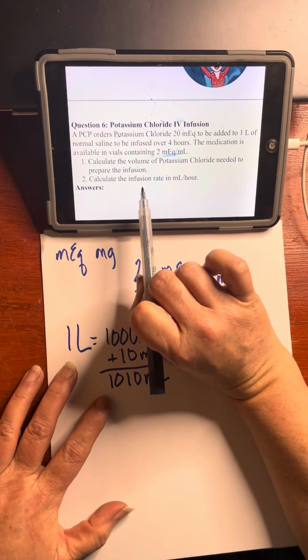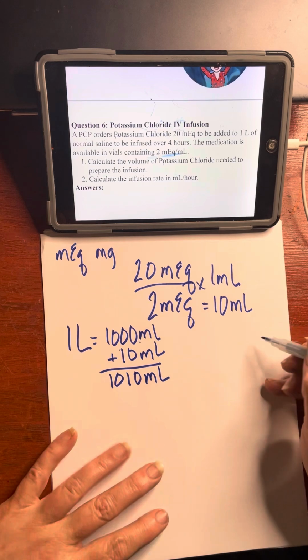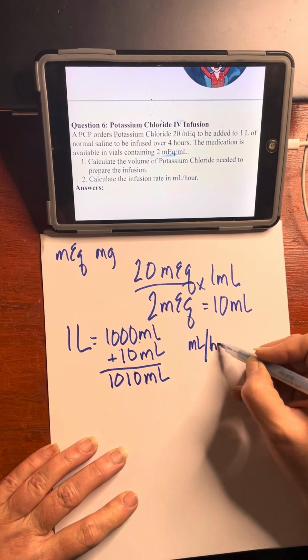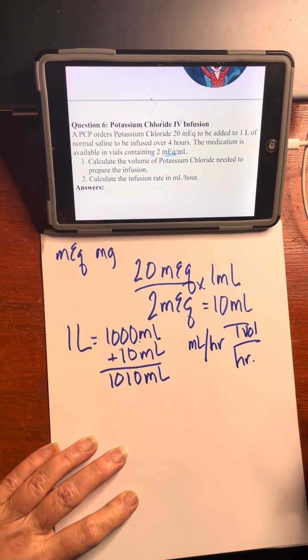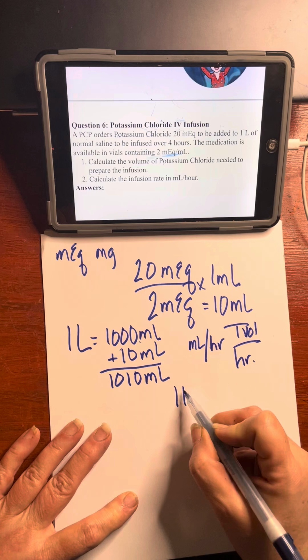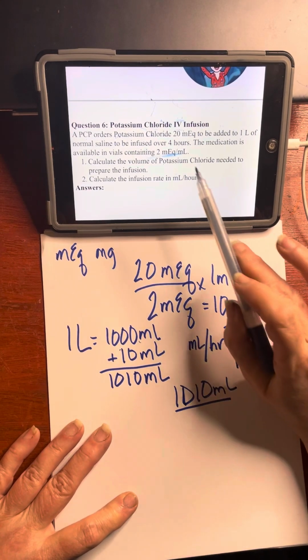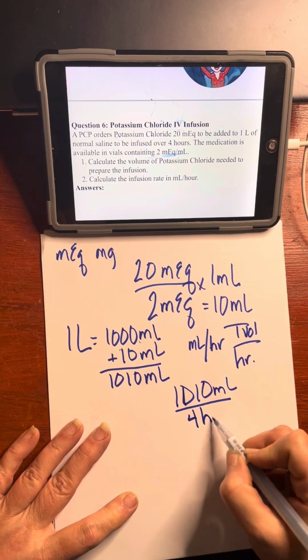We have to calculate the infusion rate in milliliters per hour. And that formula for milliliters per hour is the total volume divided by your time in hours. So our total volume is 1,010 mLs. And how long's it got to go over? 4 hours.